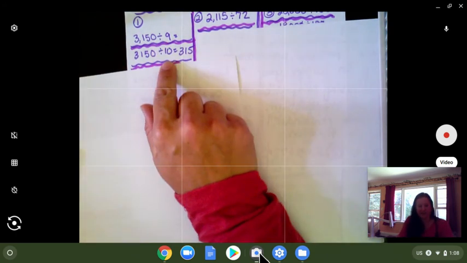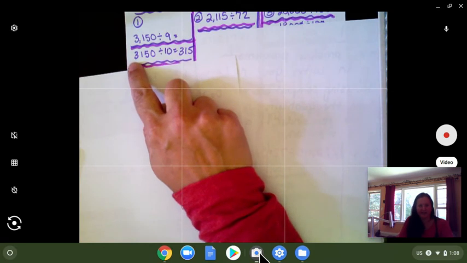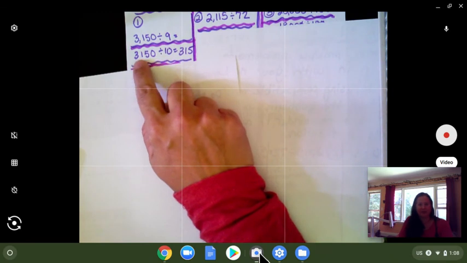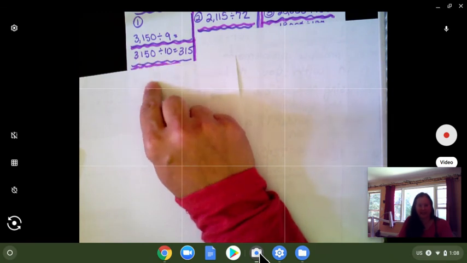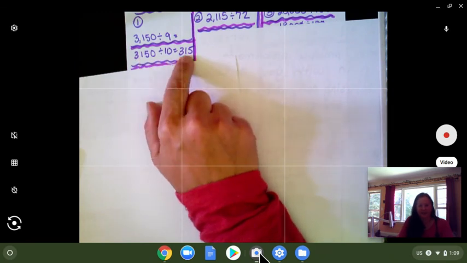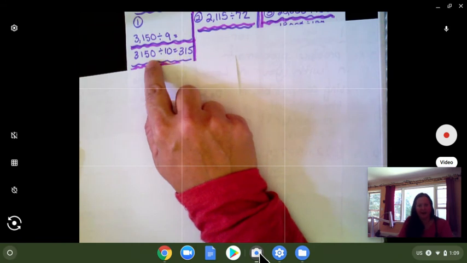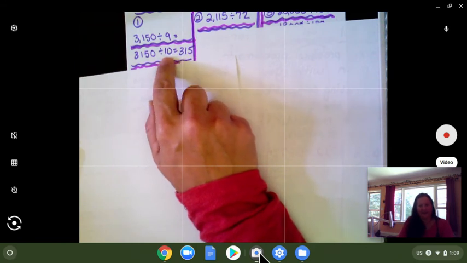What I did for mine is I just changed the 9 to a 10. And then I looked at this and, if you know how to name place value, you know this is 3,150 or 315 tens. So if there's 315 tens, that would be the answer because we're dividing by 10. So that's our compatible number.